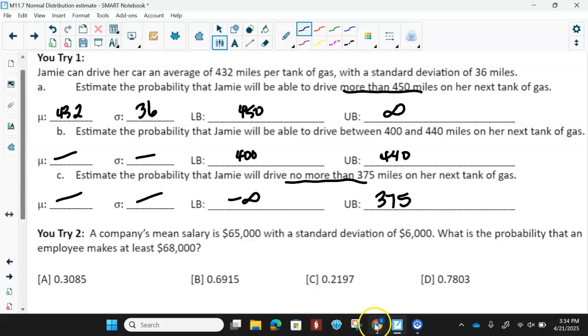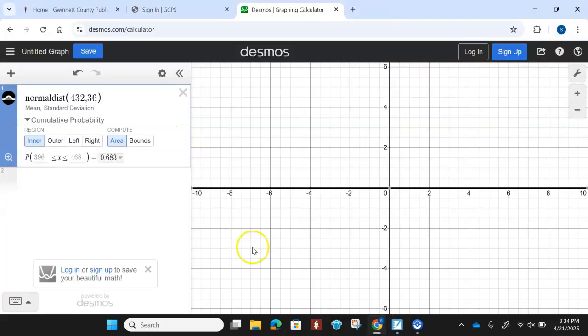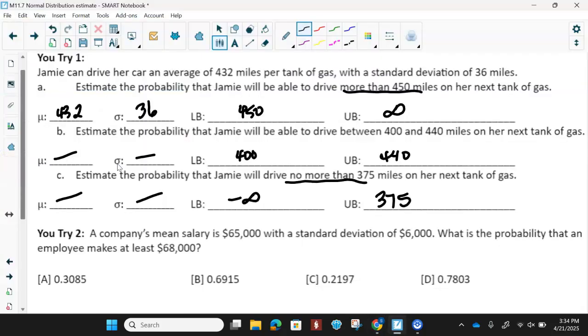So again, just to make sure for the first one that you had the 450. So here's your setup, right? Normal dist with the mean, comma, standard deviation, and the lower amount was 450. Notice again here, you should have gotten 0.309, which is 30.9%.